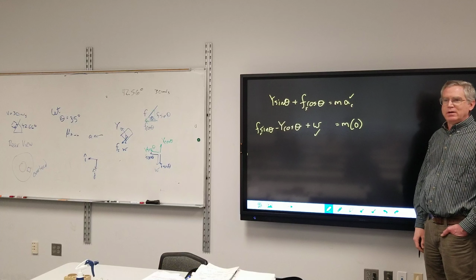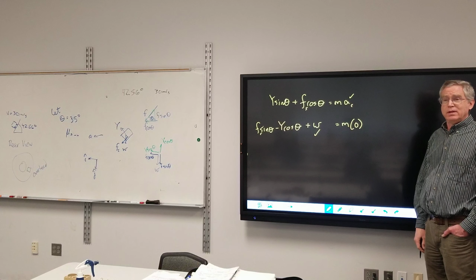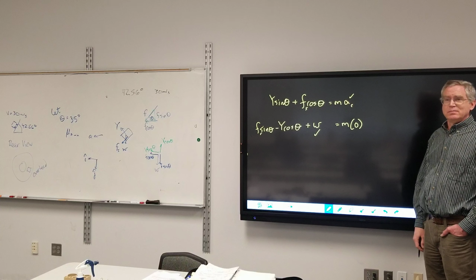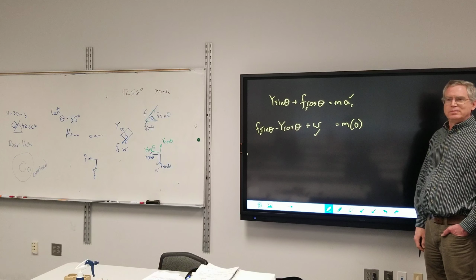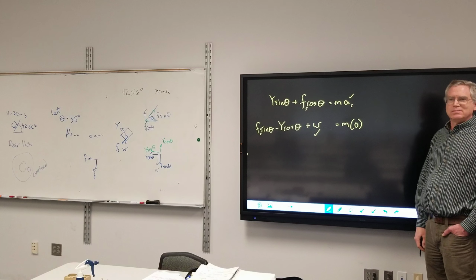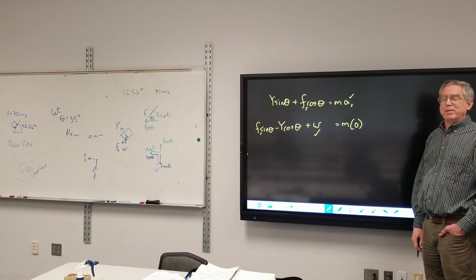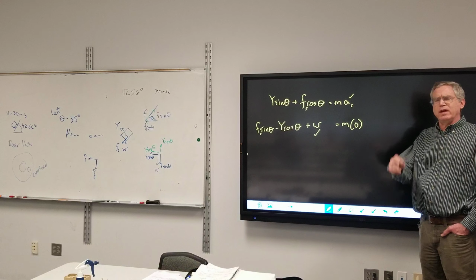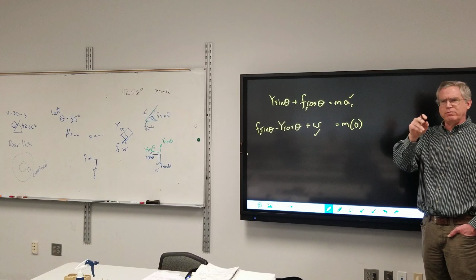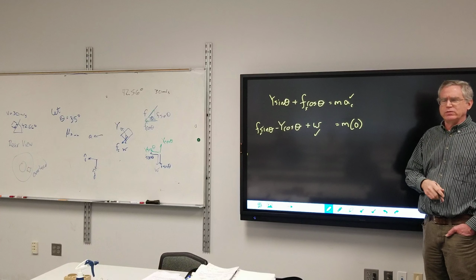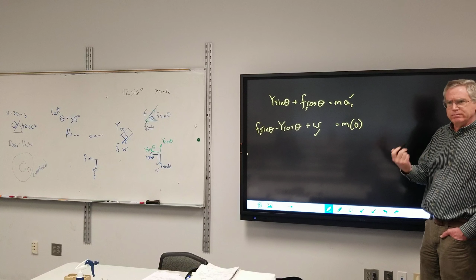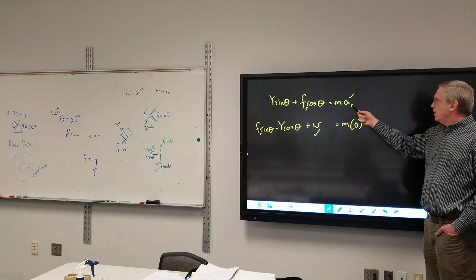V squared over R, or omega squared times R. The L came out specifically for that one problem. So it's omega squared times whatever the radius of the curvature is.